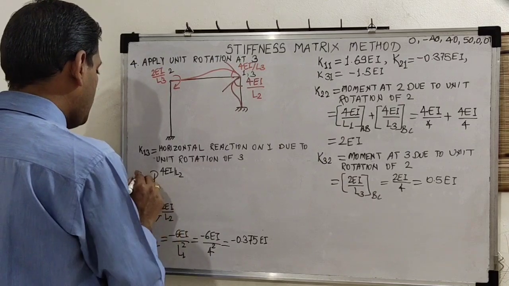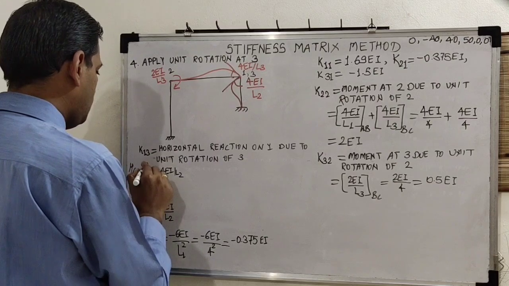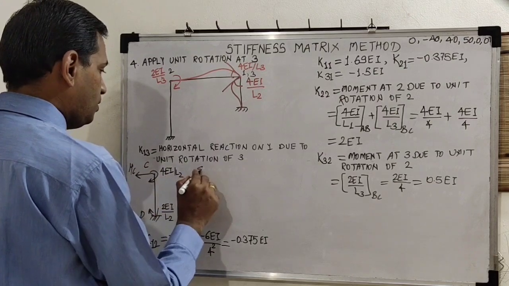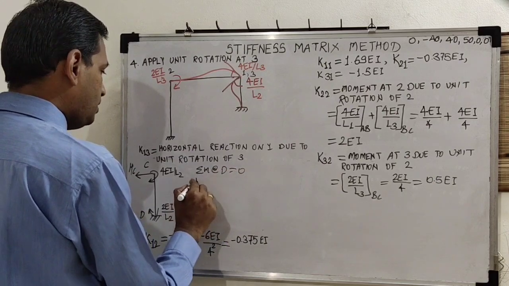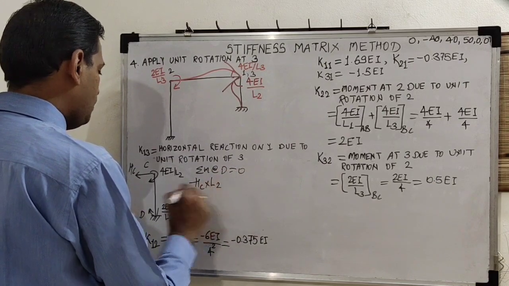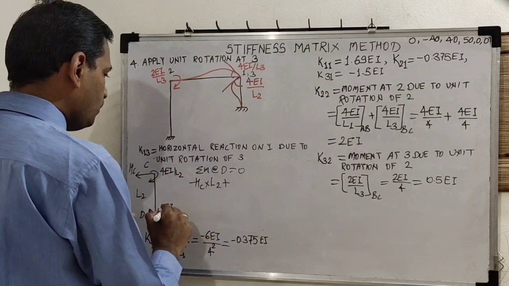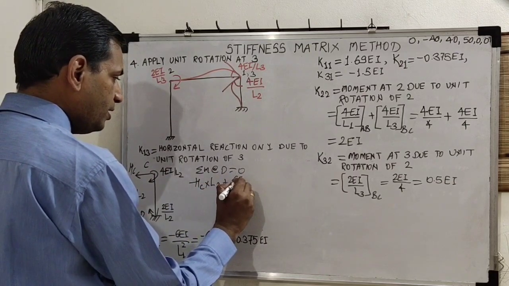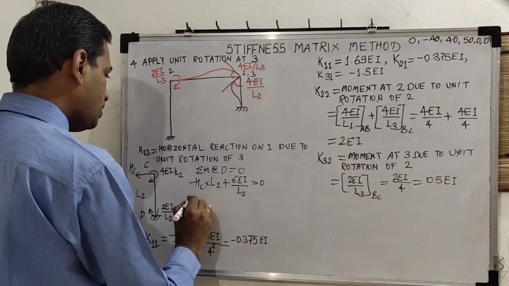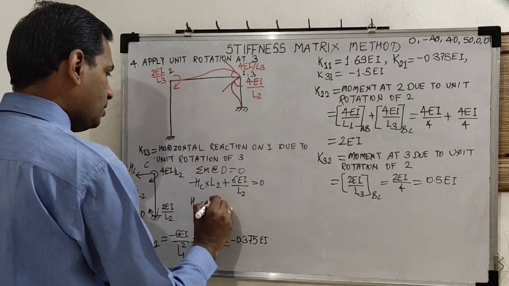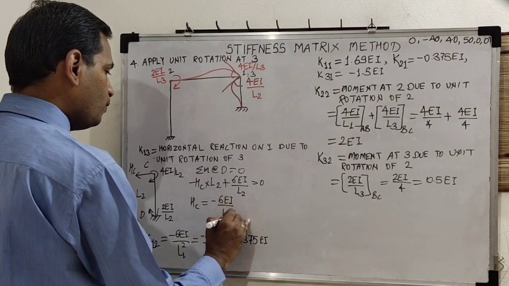Then show the reaction at C. Take summation of moments at D. So minus HC into L2, this is height L2, plus 4EI by L2 plus 2EI by L2. I will directly write plus 6EI by L2, equal to 0. So HC is minus 6EI upon L2 square.